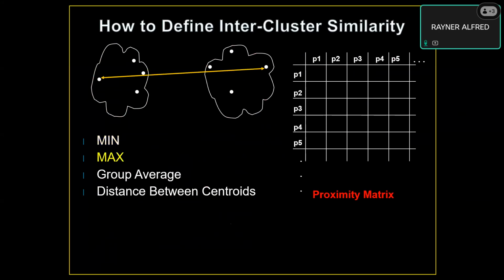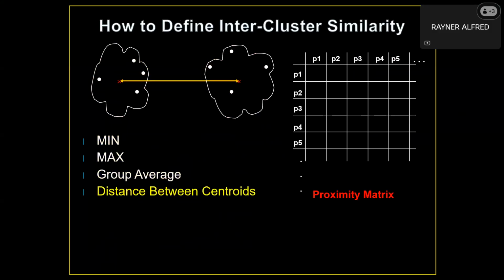Max is the maximum distance. Group average means you take all and find the average, or you find the centroid and find the distance.